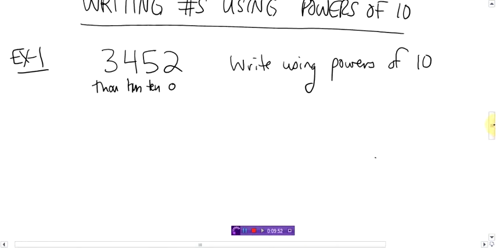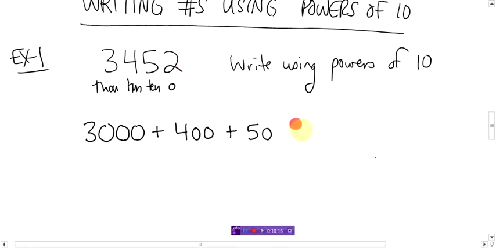Okay, so starting with 3. 3's in the thousand spot. So you can write 3,000 plus 400 plus 5 tens, which is 50, plus 2 ones, which is just 2.